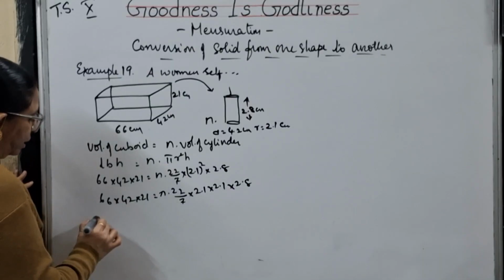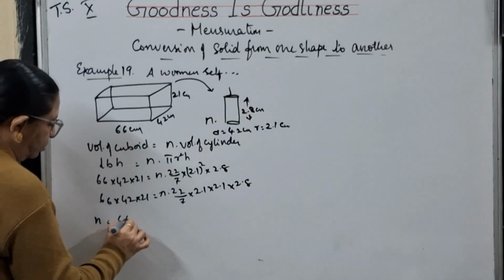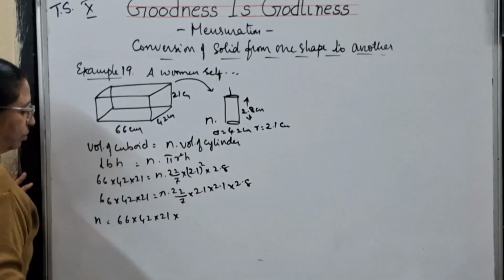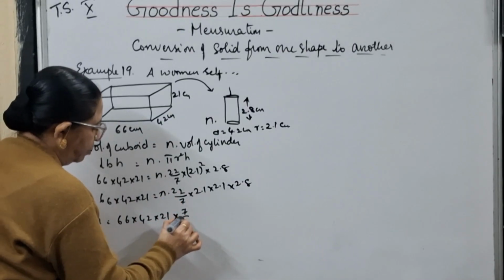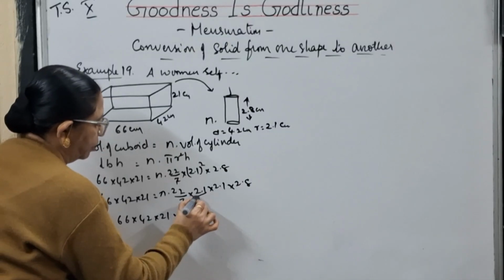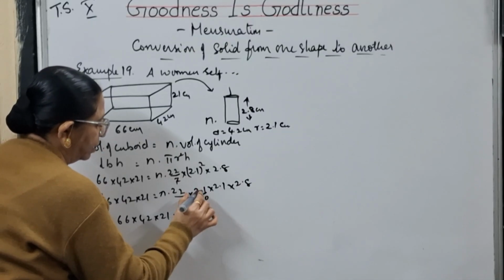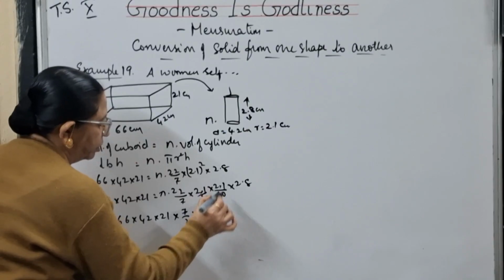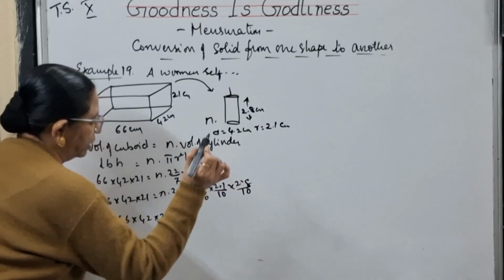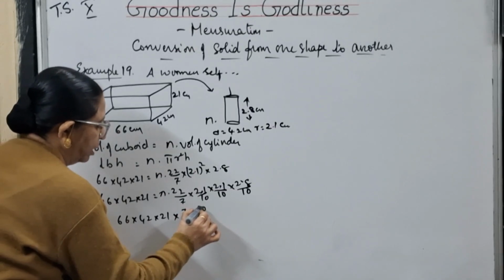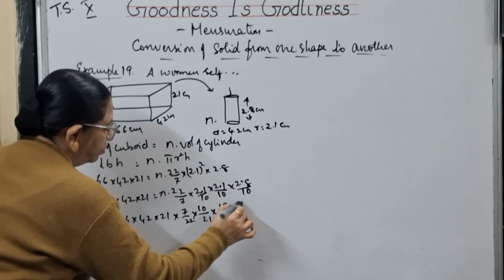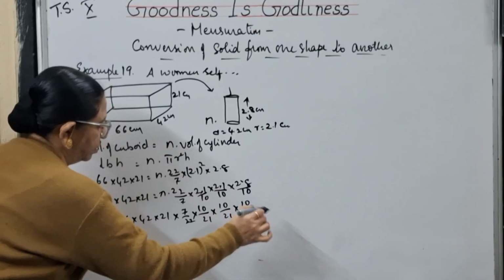So we want N. N is equal to 66 into 42 into 21 into, 22 by 7 becomes 7 by 22, into 2.1 means 21 by 10. 2.8 again is 28 by 10. So into 10 by 21 into 10 by 21 into 10 by 28.